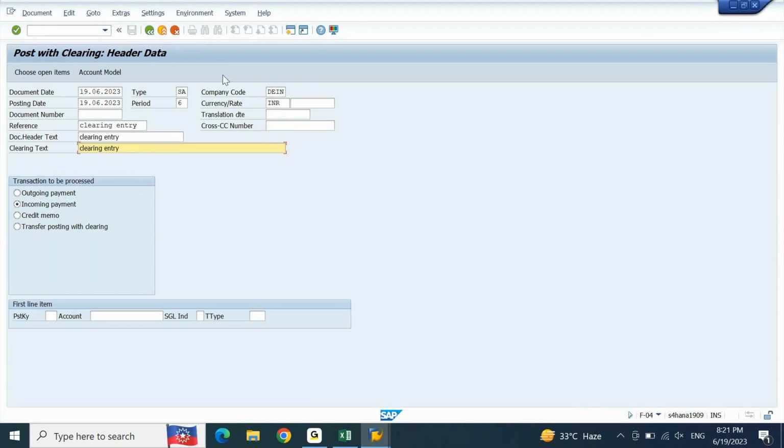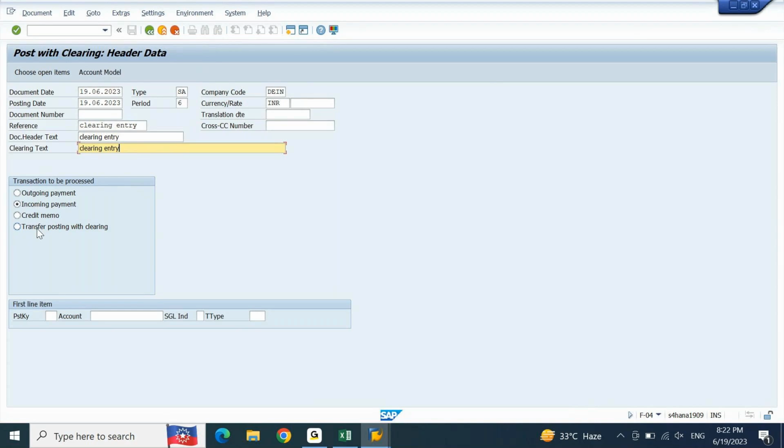Now you have transaction to be processed. There are 4 radio buttons: outgoing payment, incoming payment, credit memo, transfer posting with clearing. There is no impact with these radio buttons. Depending on the nature of a transaction that you are posting, you can pick the appropriate radio button, but nothing is going to happen.